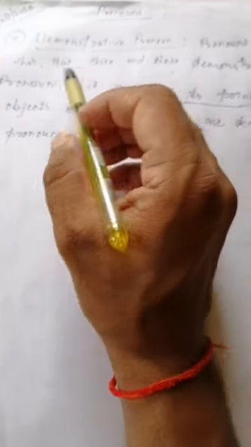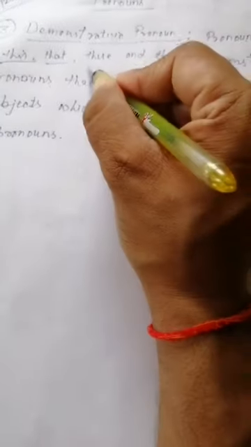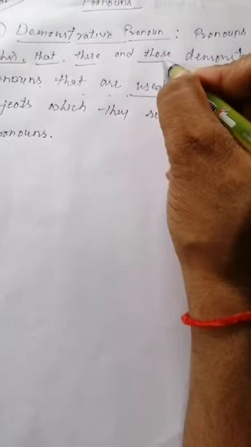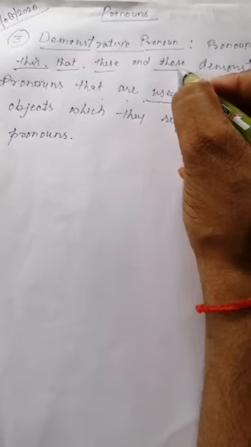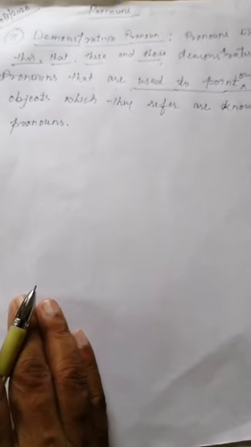Now as I have said to you, this, that, these, and those are your demonstrative pronouns. Now let us take some examples. It will be easier to understand with the examples.